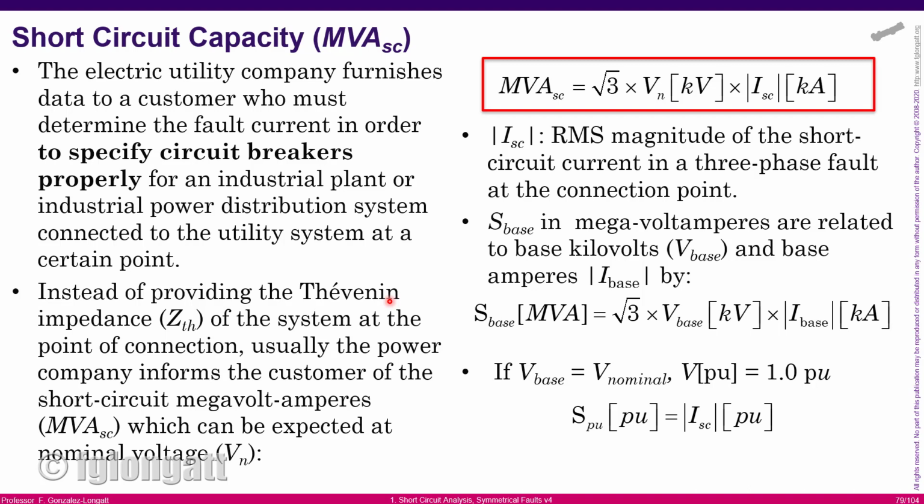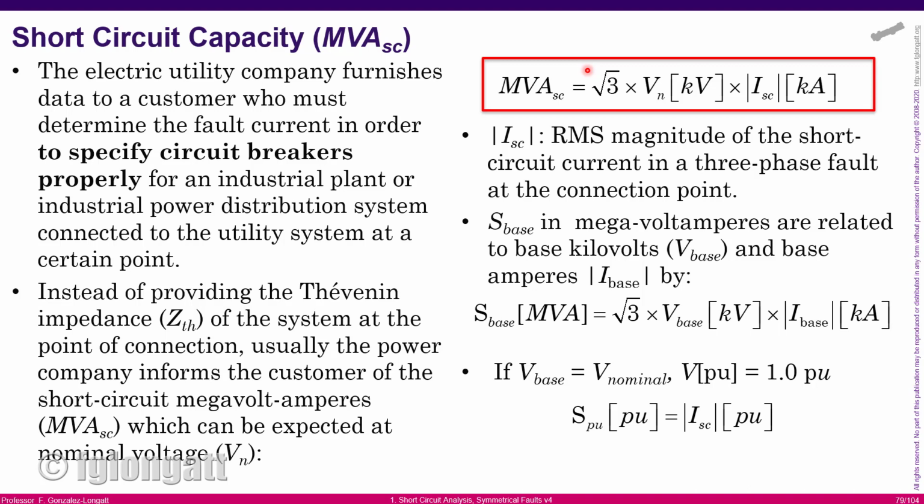This is the equation over here. Because we are working with symmetrical short circuit currents, we are working with three-phase short circuit currents, so the apparent power you receive from the utility is for a three-phase short circuit current.